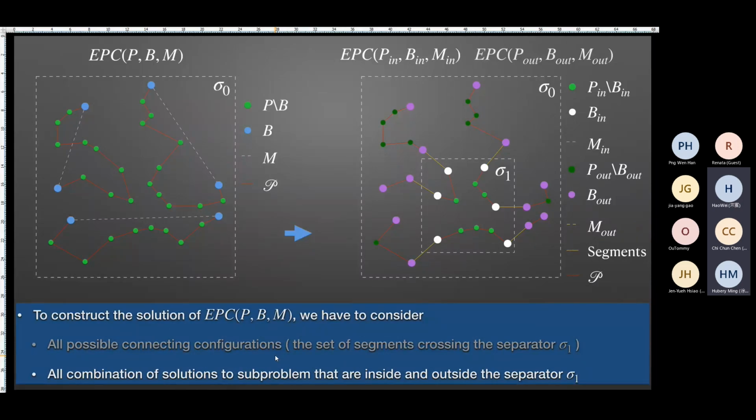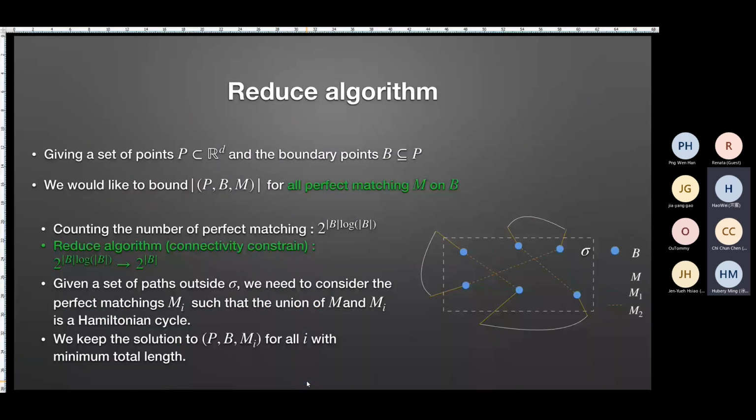And next, we would like to bound all of the combinations of the solutions to subproblems, one for inside and the other for outside of the separator. Okay, so we would like to bound it by the reduced algorithm.